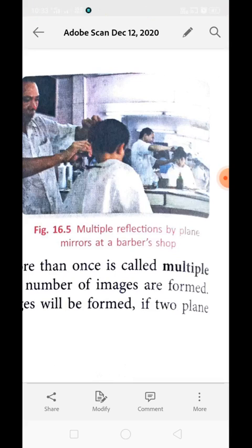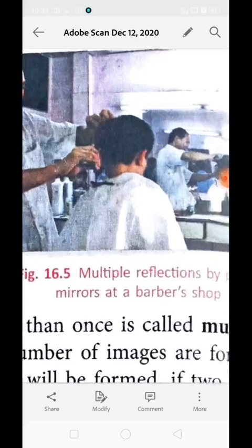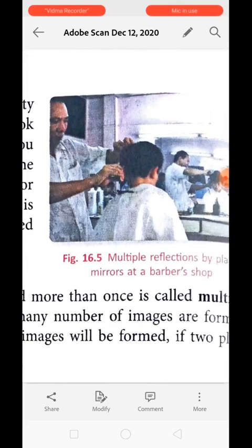First, the back side of your head forms an image in the mirror at your back. When you are sitting like this, the back side of your body forms an image in the mirror kept behind you. Then that image forms an image in the mirror kept in front of you. In this way, the image is formed in the back mirror and in the front mirror, and the first image is seen in the front mirror.